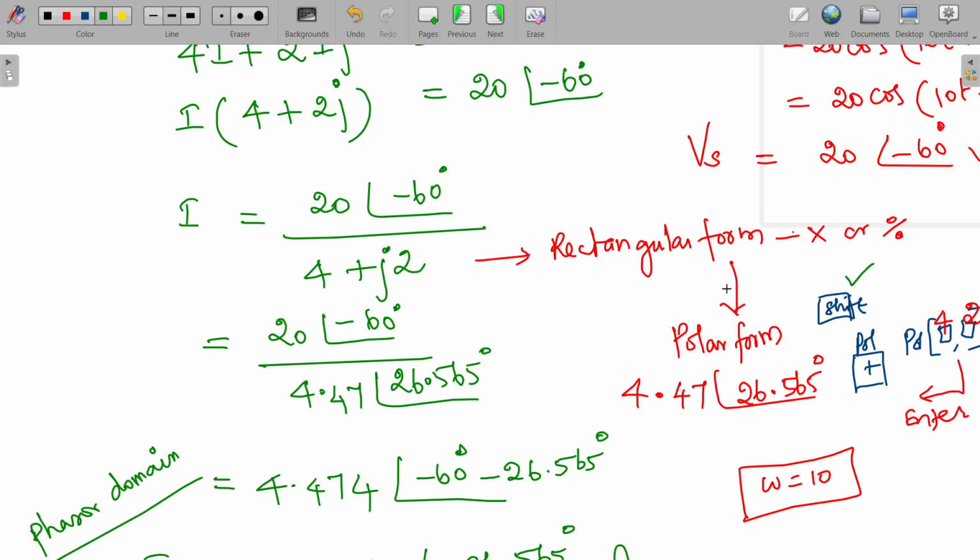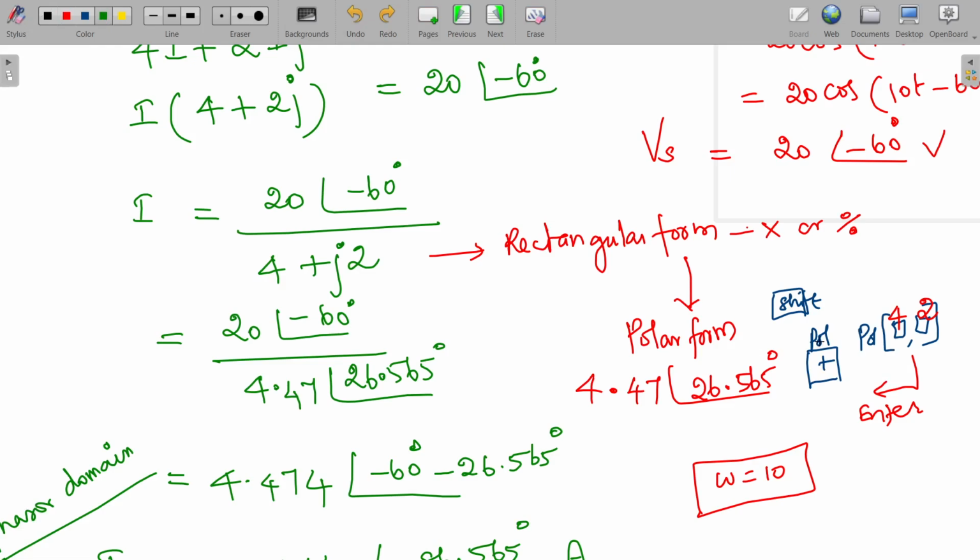You press the shift key, after that the plus sign, above which Pol is written, representing polar. Since we want the polar form, press this Pol key, and you will see Pol( in the display. Within the brackets you enter the rectangular values: 4 and 2. This is your real part and this is your imaginary part.